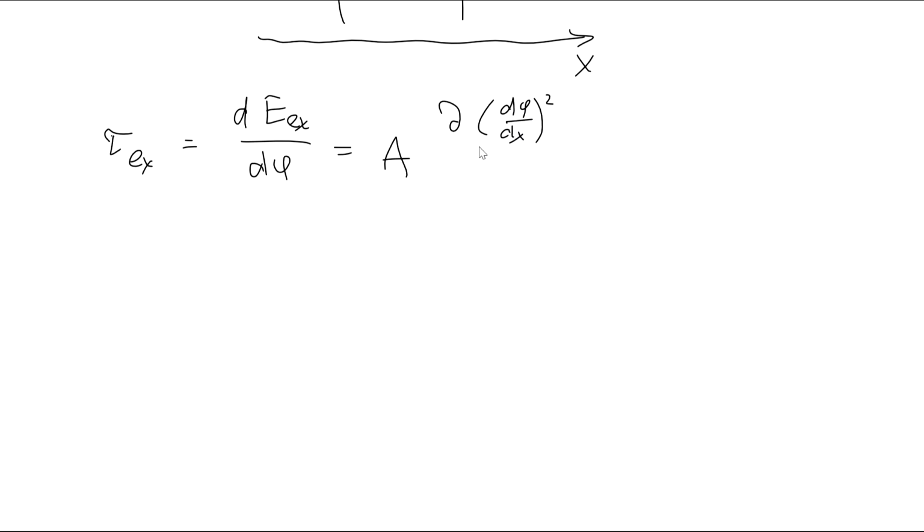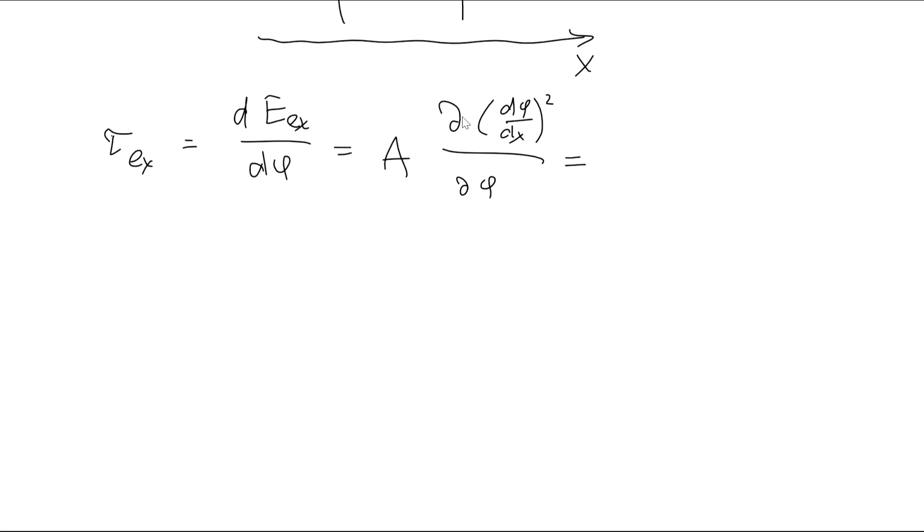Torque, I'm scrolling down, but you can pause my video at any time and record it to your notes. I actually encourage making notes. So the torque related to exchange is dE exchange over d phi. That would be the torque. That is d/d phi of A (d phi/dx) squared.